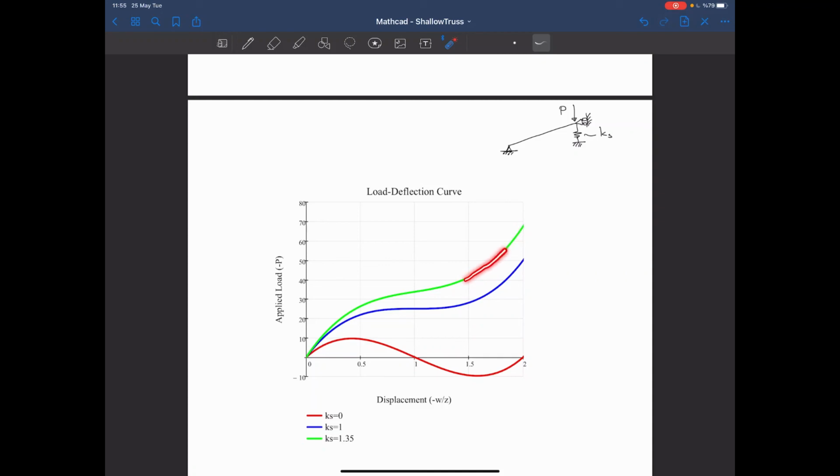So our solver also should be able to catch such a stiffening behavior. So our next task is to develop a nonlinear solution algorithm so that we can trace this load deformation curve fully, so that we can understand how the structure behaves under the given loading.